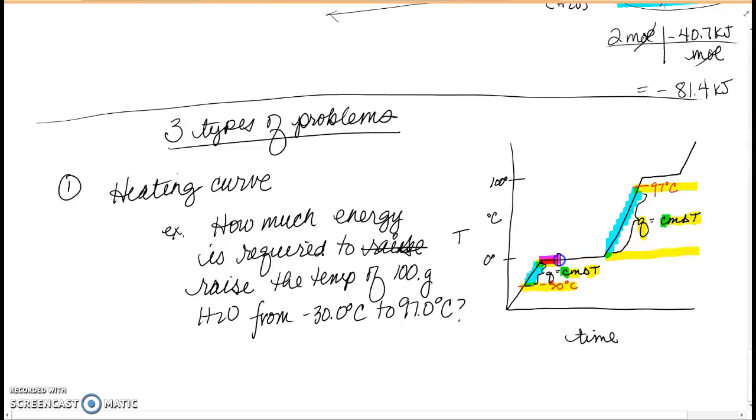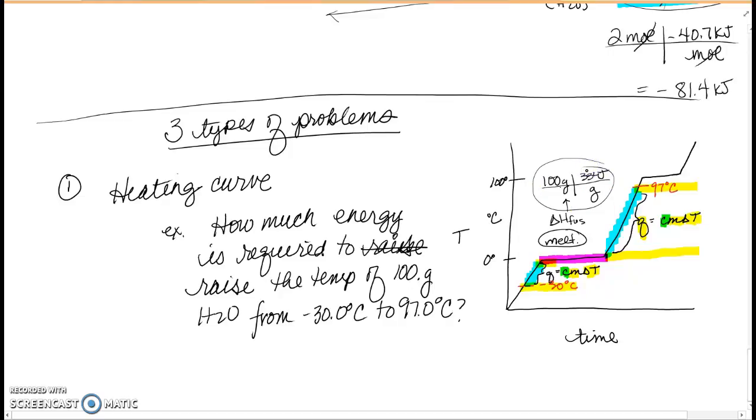Then this area, however, there's no temperature change because here is where it's melting. That's a phase change, so that's where we're going to use delta H of fusion. And so in this case, I have 100 grams of water. I could change it to moles and use the moles one, or I can use the 334 joules per gram.